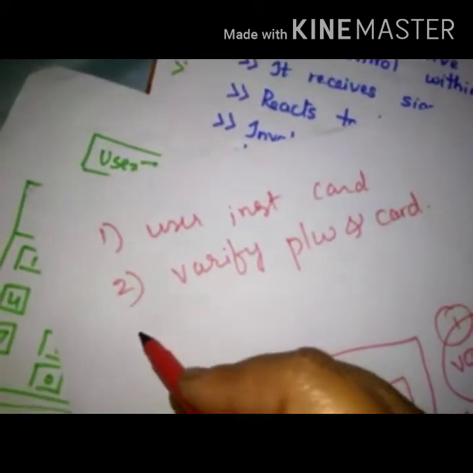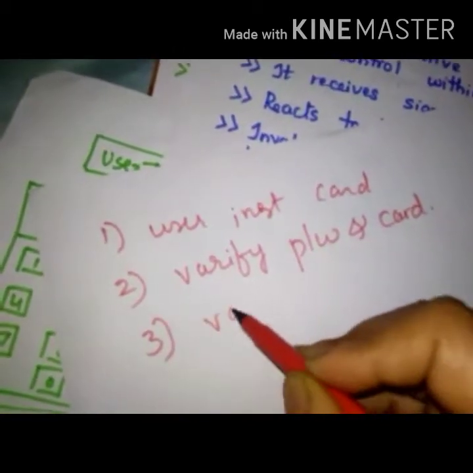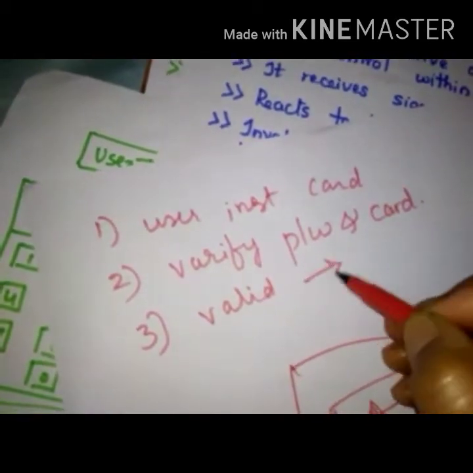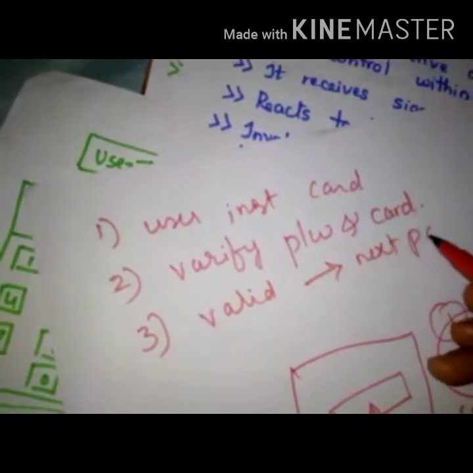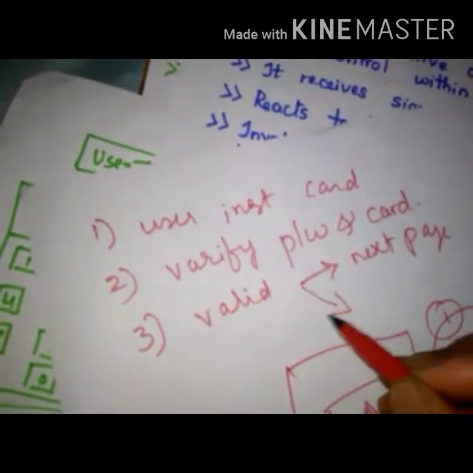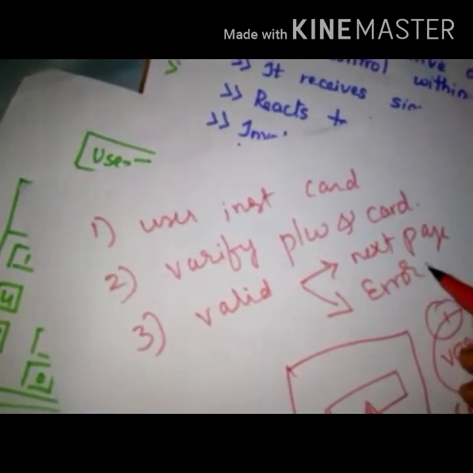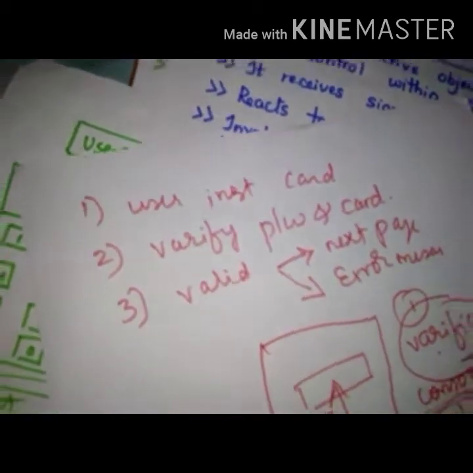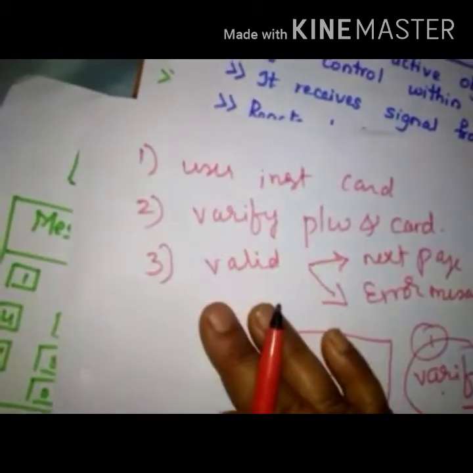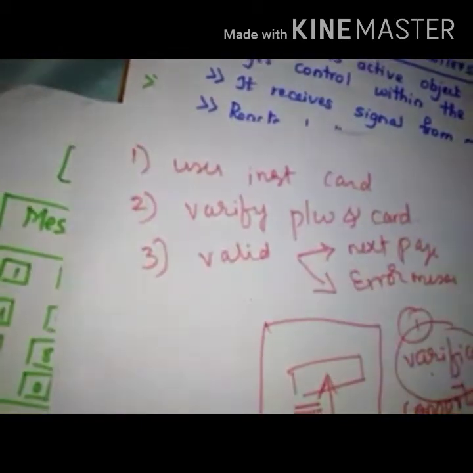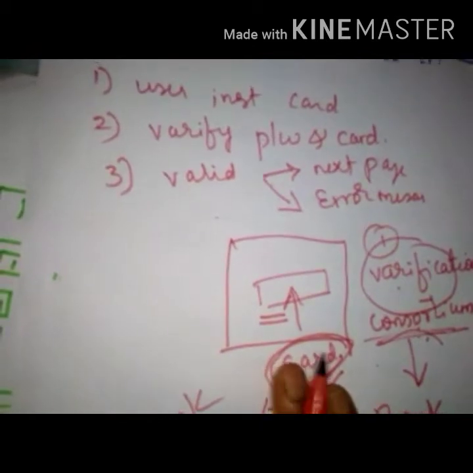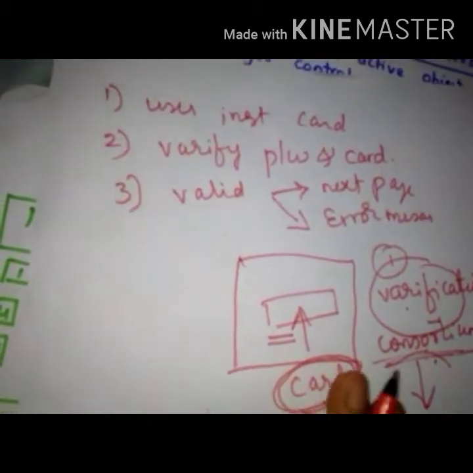And the third step I may say, if it is valid, it displays the next page, and if it is invalid, it has to show the error message, right? So this is my interaction model. I have explained the sequence that has to be carried out for this particular card insertion authentication.